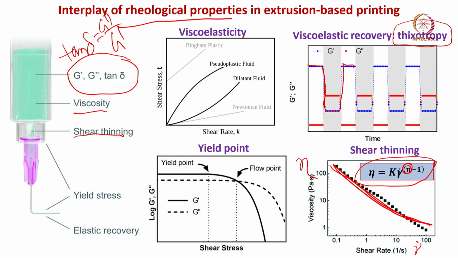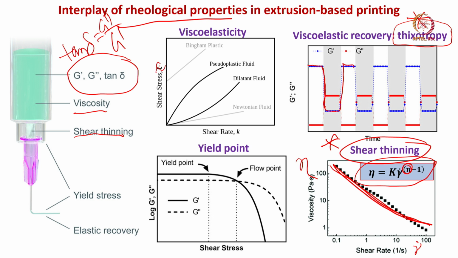So, you have thixotropic behavior, and you have the shear thinning behavior. For any hydrogel printing, both shear thinning (I will put a star) and thixotropic behavior are mostly desired. And viscoelastic property has also been emphasized.